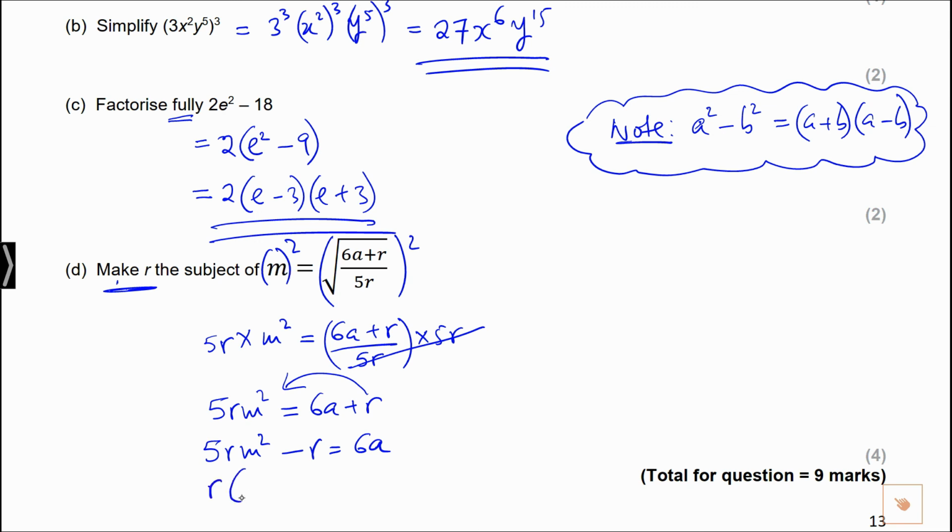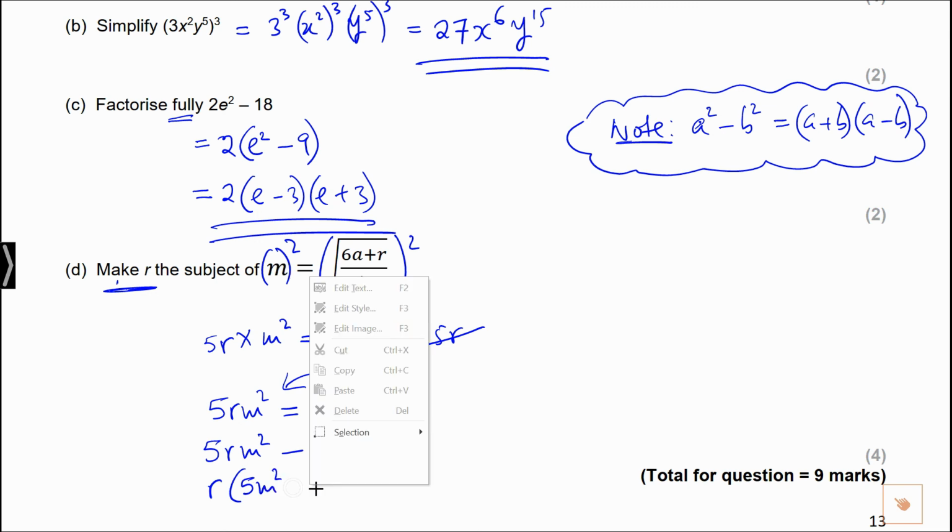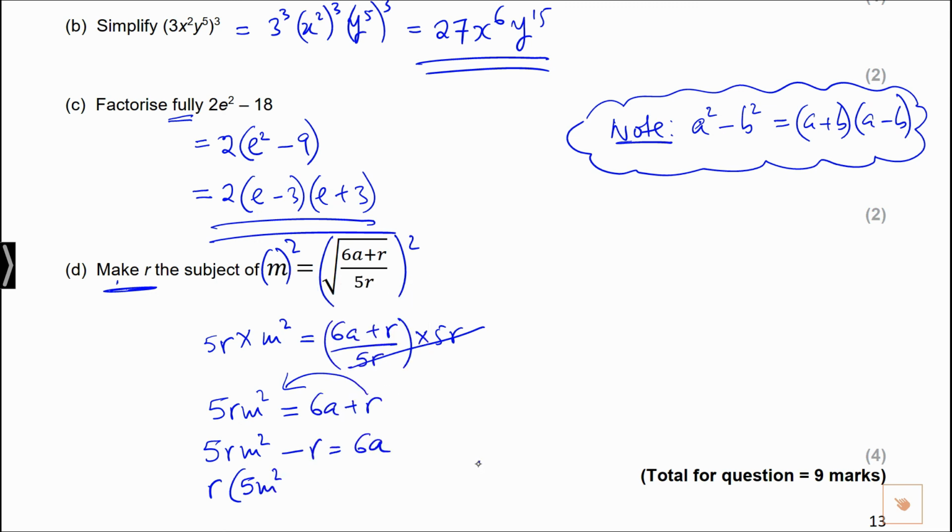So r into 5m squared minus 1 will be equal to 6a. Now because you want to just be left with r, you divide both sides by this. So r will be equal to 6a over 5m squared minus 1.